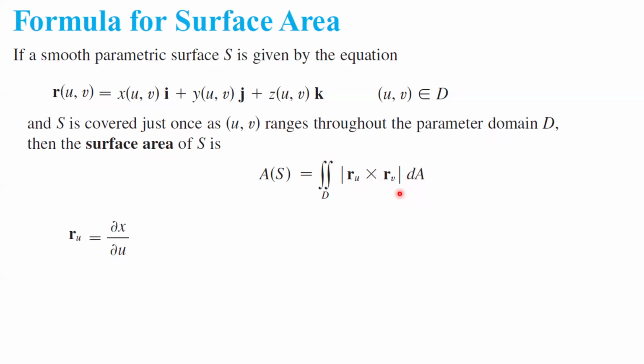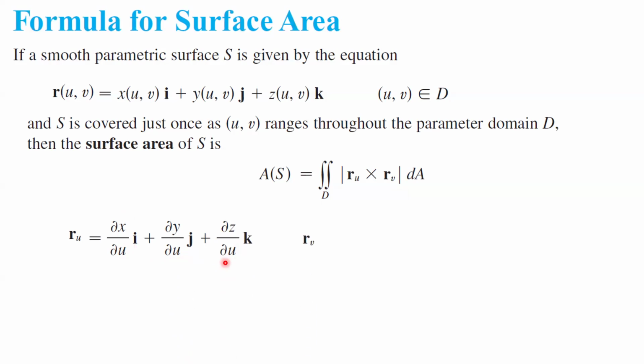r_u is the partial derivative of x with respect to u in the direction of the x-axis, plus the partial derivative of y with respect to u in the direction of the y-axis, plus, as you guessed, the partial derivative of z with respect to u in the direction of the z-axis.